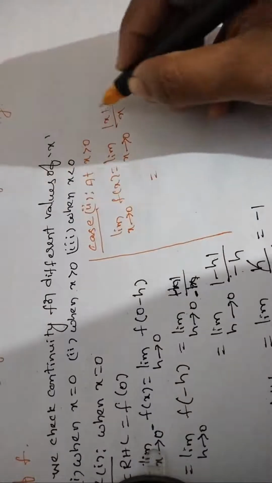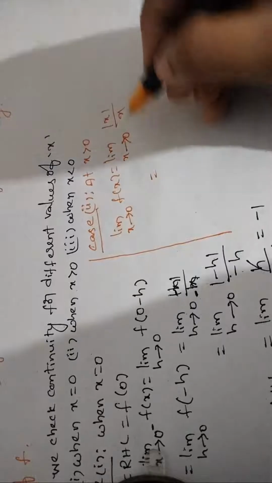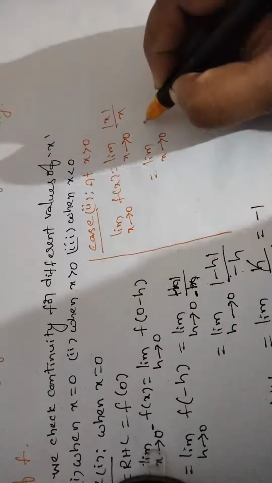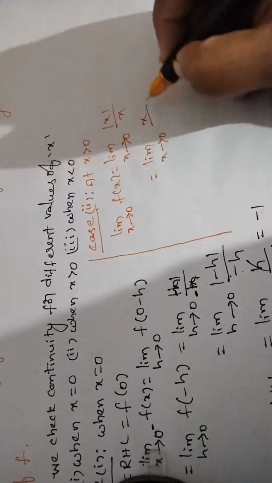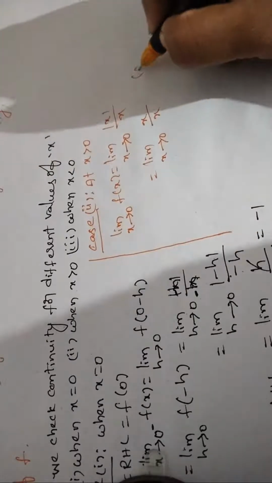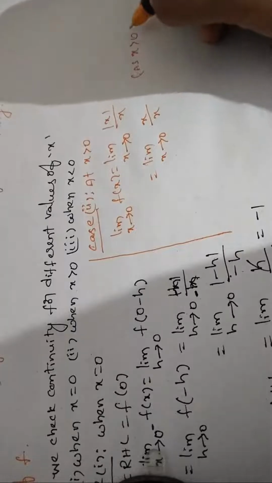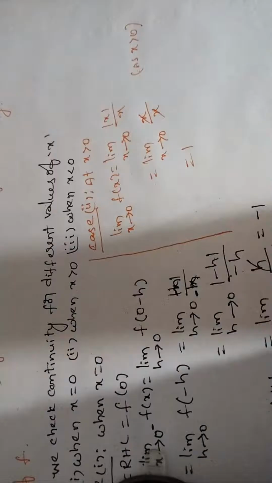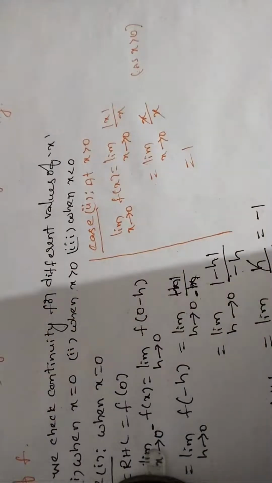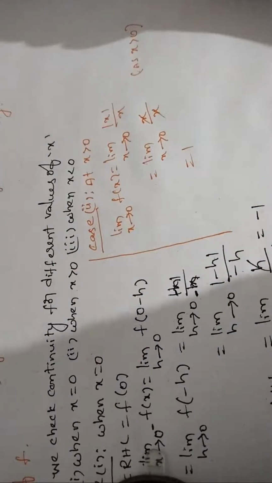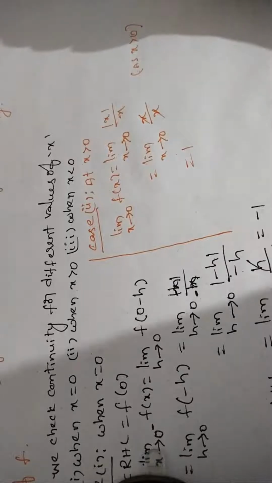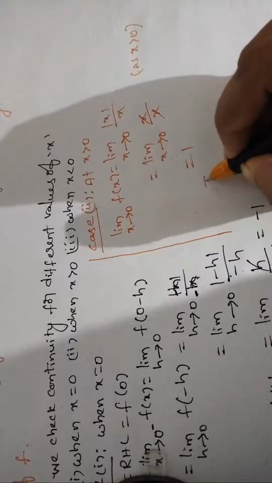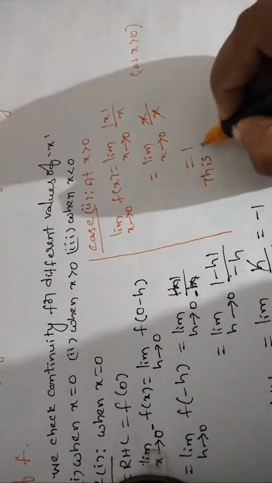For x greater than 0, mod becomes positive, so mod x becomes plus x. Why? Because x is greater than 0. So it is equal to 1, which is a constant.